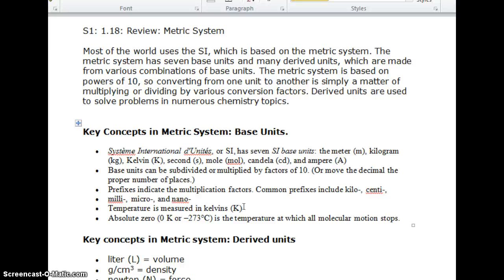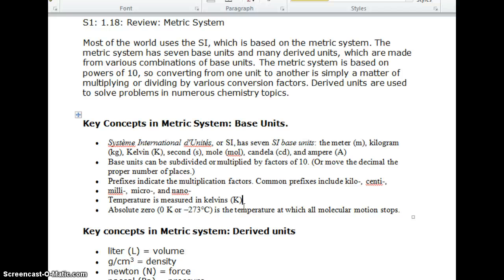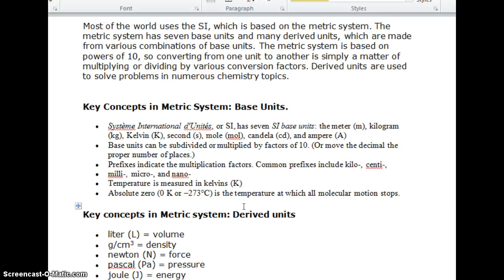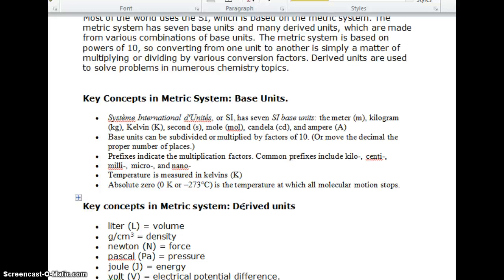What does newtons measure? Force. What do pascals measure? Pressure. What do joules measure? Energy. And what is the abbreviation for joules? Capital J. What do volts measure? Electrical potential difference, or voltage.